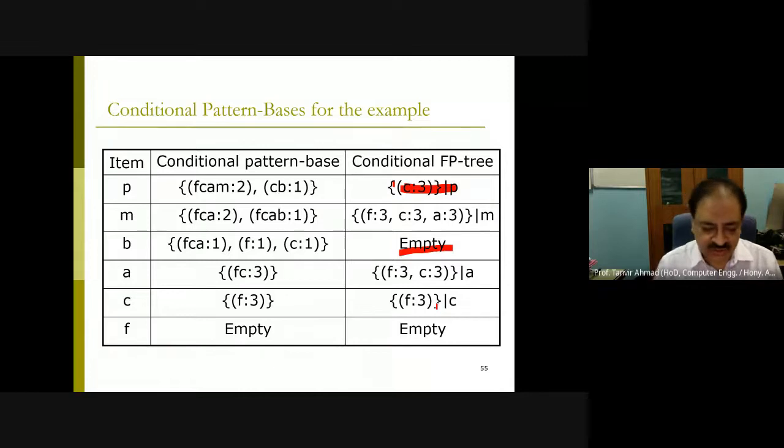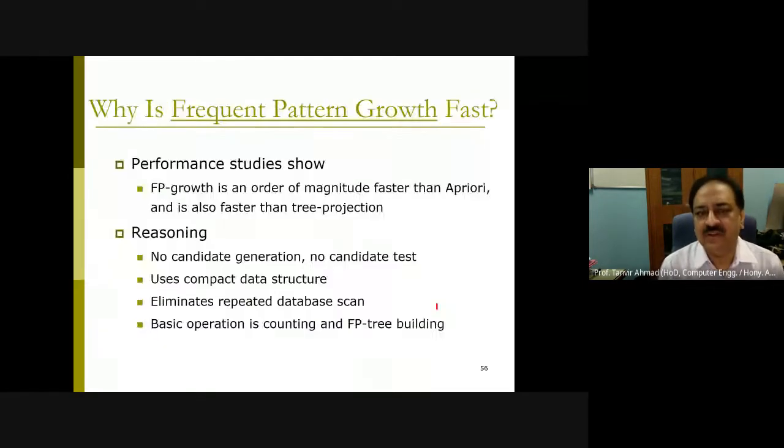Okay, I think you have understood this, and this is how you are going to generate from there. And now I would like to tell you why it is fast, because performance shows a big growth, an order of magnitude faster than Apriori, and also faster than other tree projection algorithms. Why is it fast?